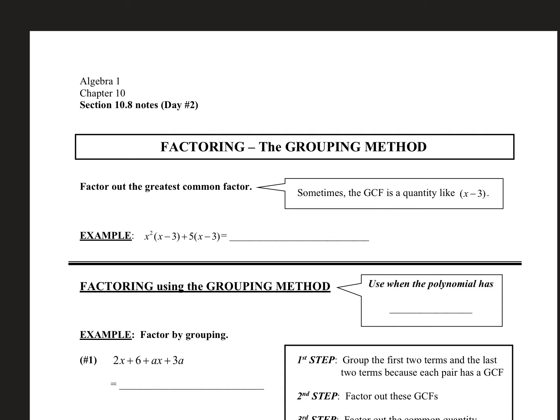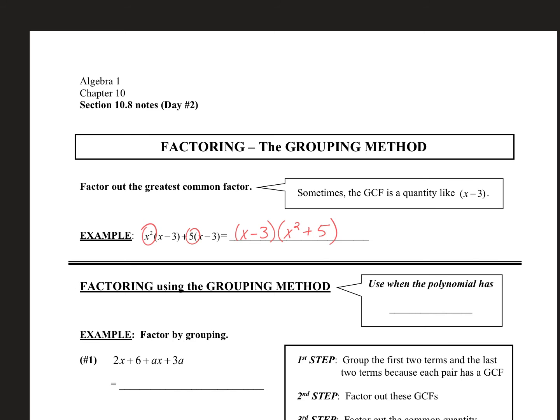Since both of these have that factor in common, we can pull that out. So if we factor that out, we have x minus 3, and then what's left is x squared plus 5. That's where those are coming from.